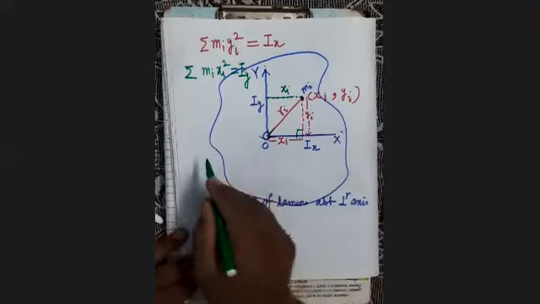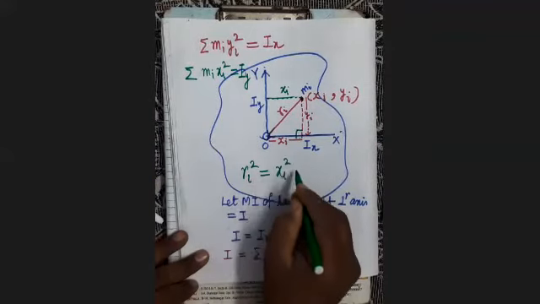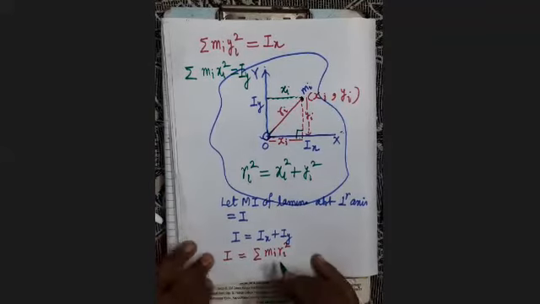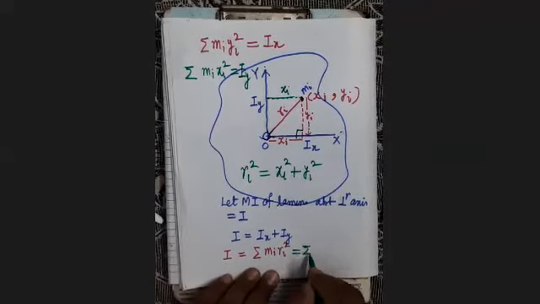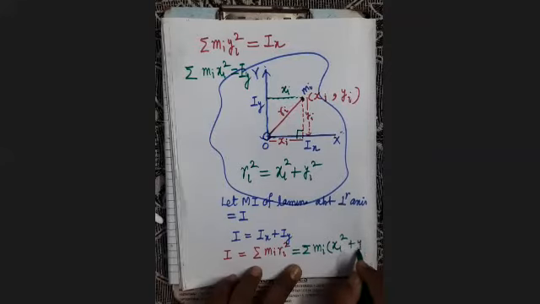So you can see here from Pythagoras theorem, ri square equals xi square plus yi square. Here in place of this we can write sigma mi, in place of ri square it is xi square plus yi square.